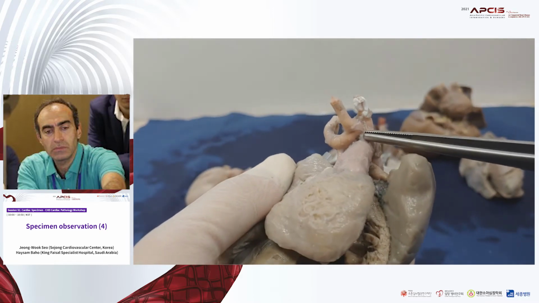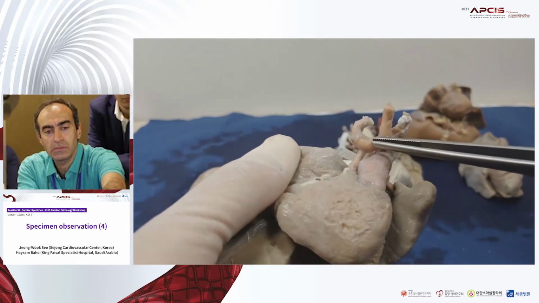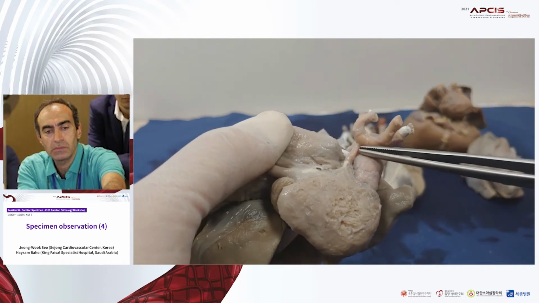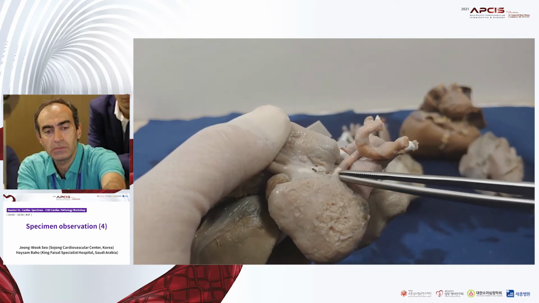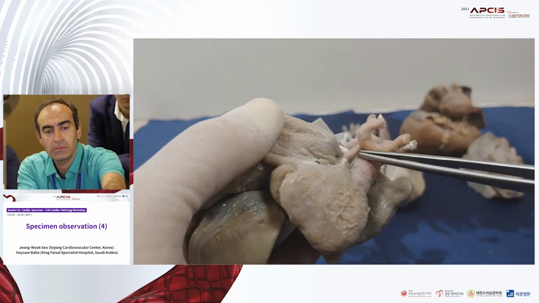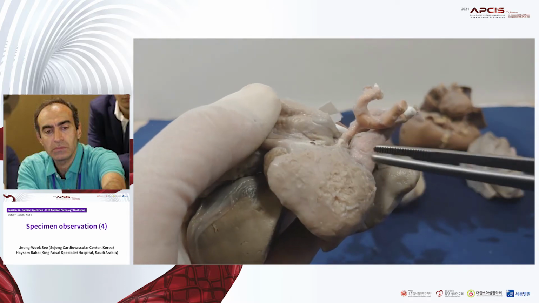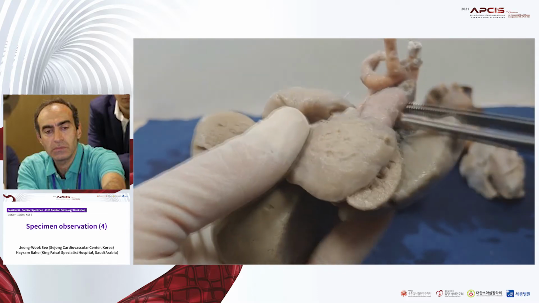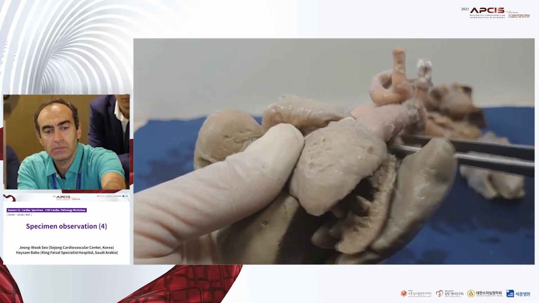Some of the blood will go into the transverse arch in retrograde and supply the head and neck vessels, as you can see here. And some of this blood will come down the ascending aorta and supply the coronary arteries. So the ascending aorta in this situation serves as a common coronary artery stump.